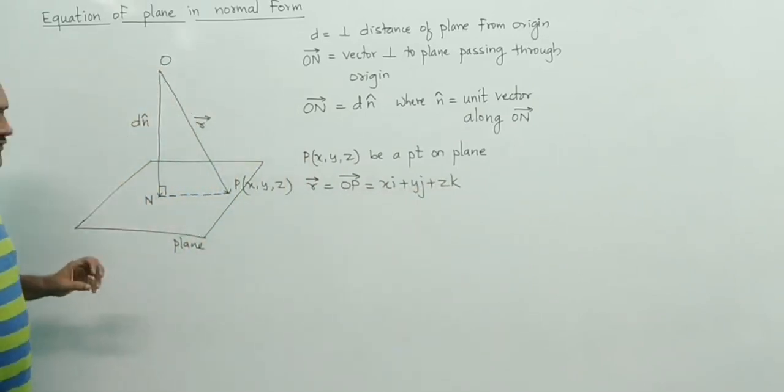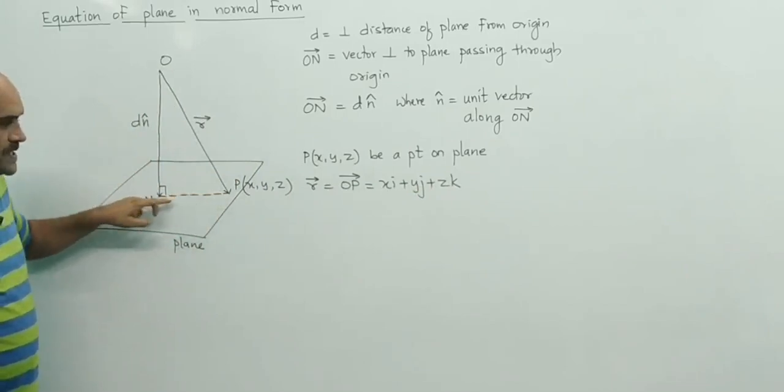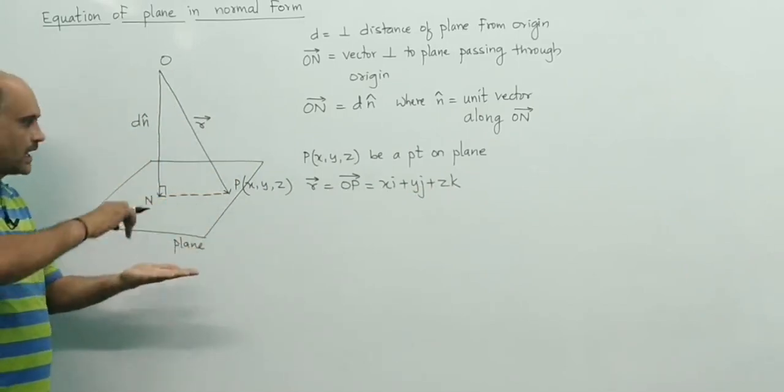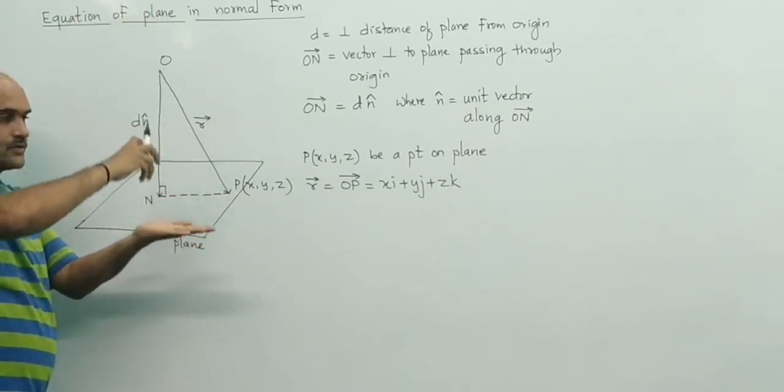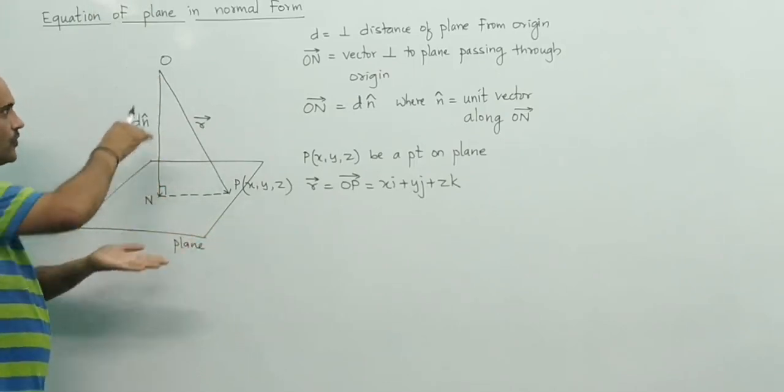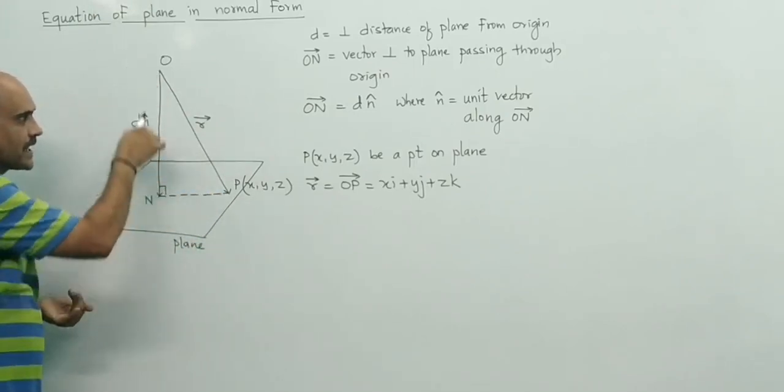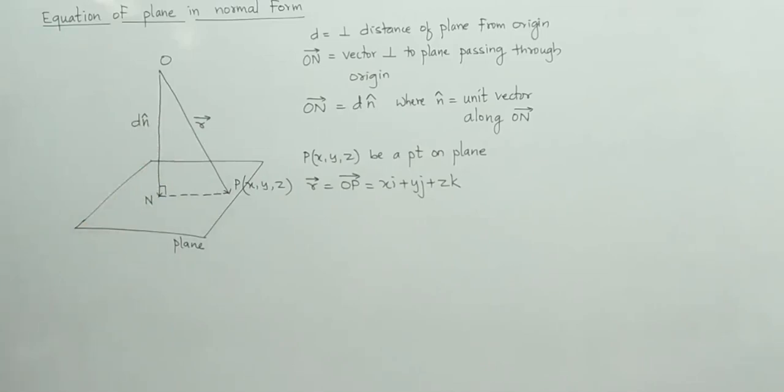Now from the figure, if you observe, NP is on the plane and ON is perpendicular to the plane. Therefore ON and NP are perpendicular to each other.